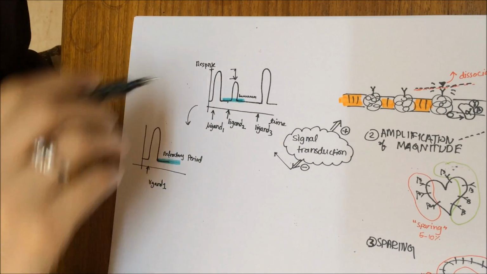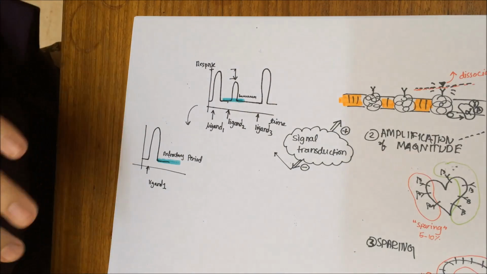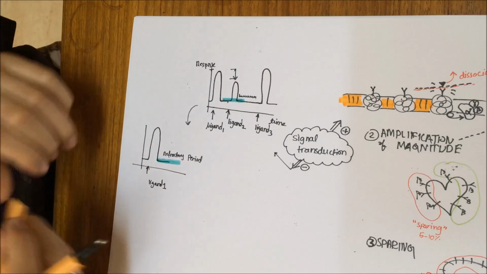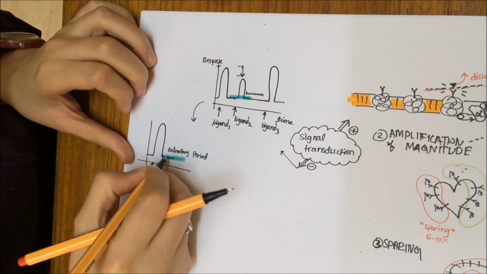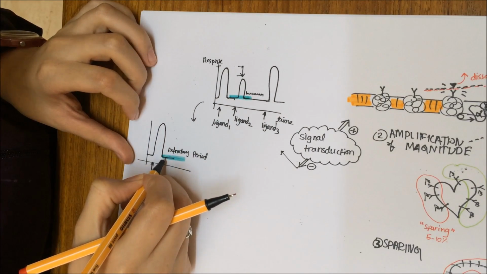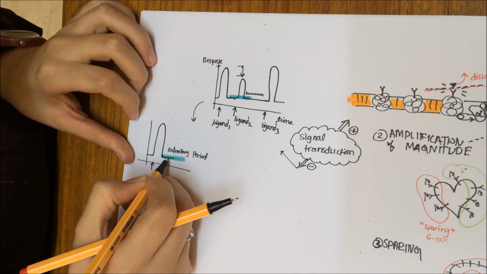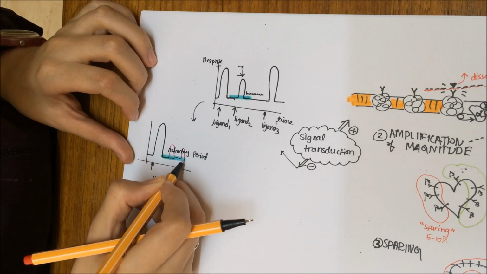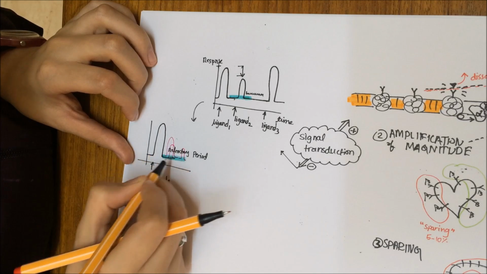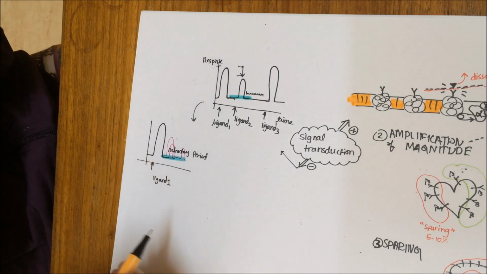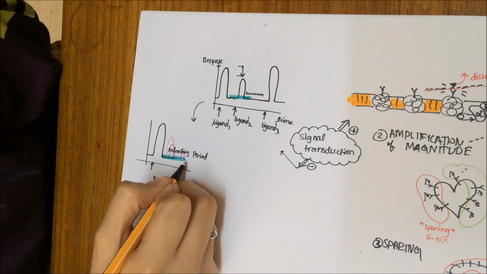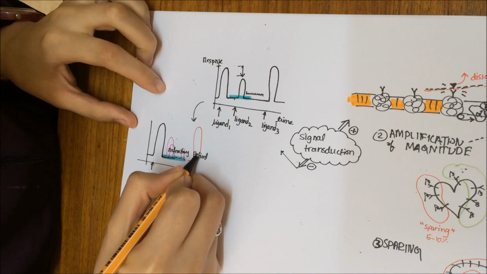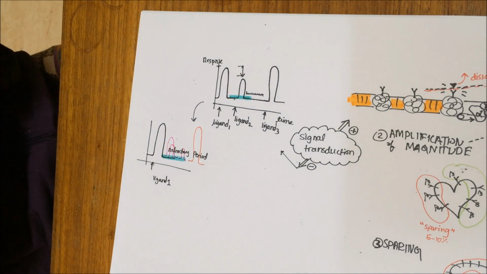If we introduce the ligand for the second time anywhere during the refractory period, we are going to get this or this or this, but you are never going to reach the maximum. But if you introduce it outside the refractory period, you will get the maximum effect back again.